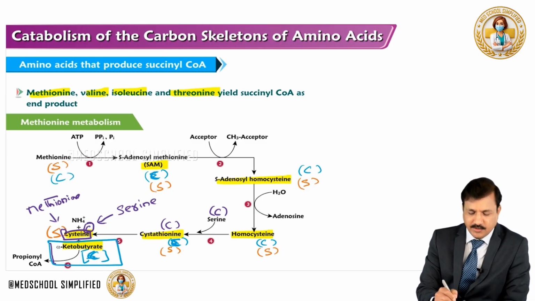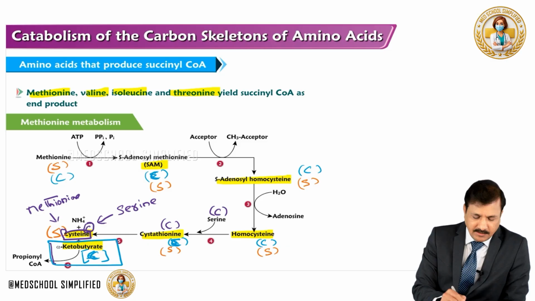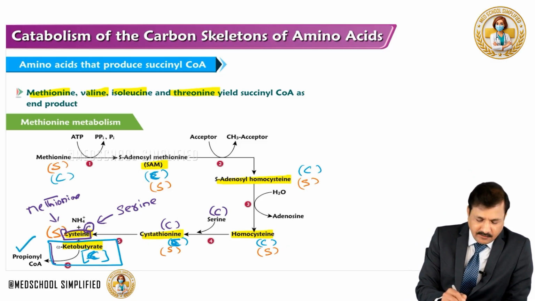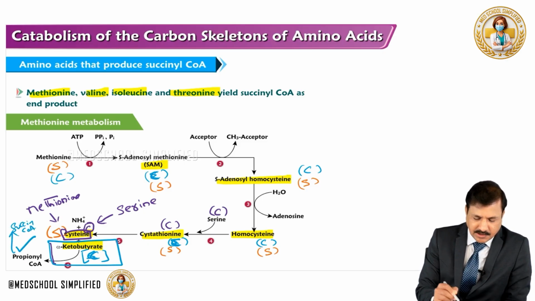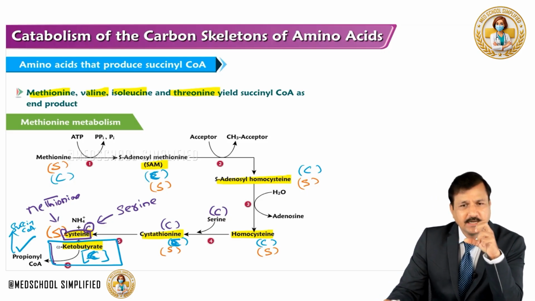This alpha-ketobutyrate will undergo further metabolic processes and is ultimately converted to propionyl-CoA, and propionyl-CoA will be converted to Succinyl-CoA. We are going to see that in the subsequent slides. And this is what happens to the carbons of methionine.